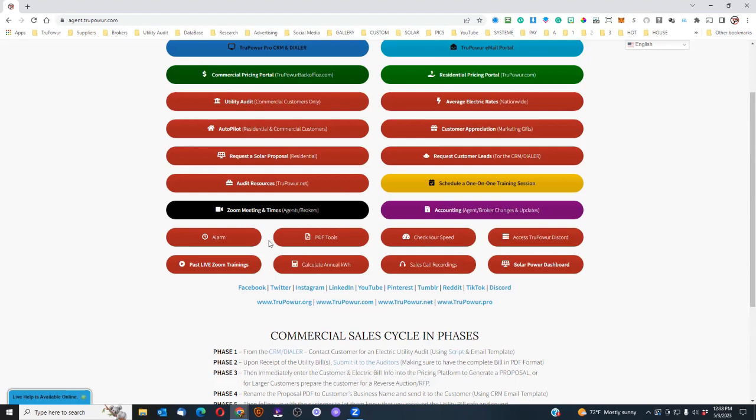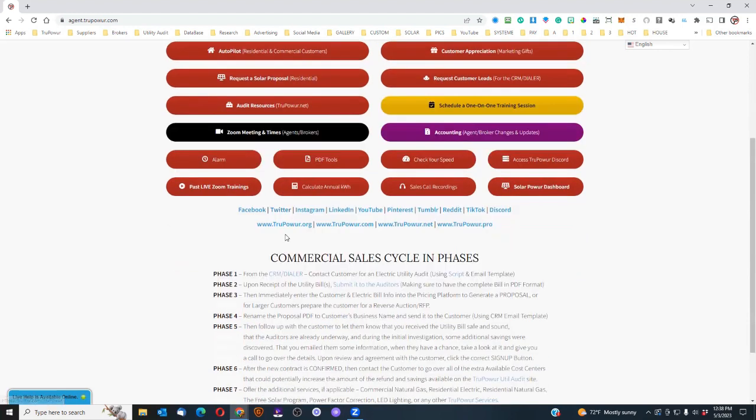So if you're a broker and you're paying $500 a month, then when you go into your next month billing, it'll be $415 because you're paying $85 to Powur, $415 to TruPowur. So you're never paying more than the $500. Just to make that point so that everybody is a little bit clear on that.